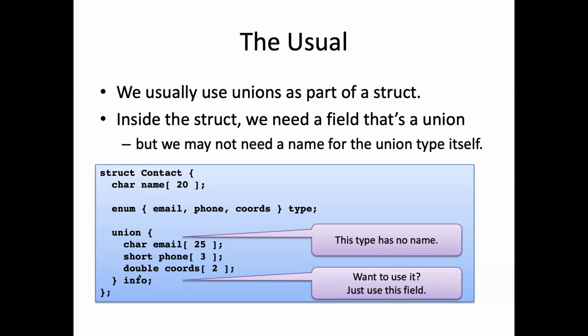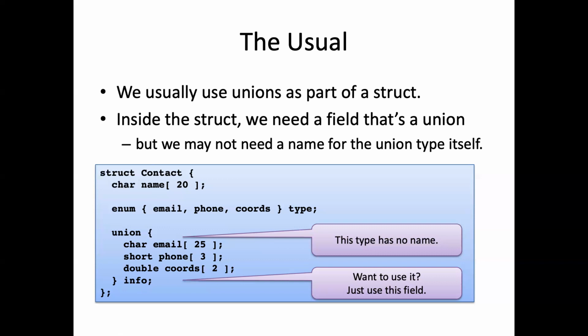If I had, that would have gone right here after the word union. Or I could have used typedef and I could have put the name at the end. But I didn't do either of those things. I'm just making a field named info, and it has a union type, so it has these three fields, but I don't have any name for its type. And that's okay.